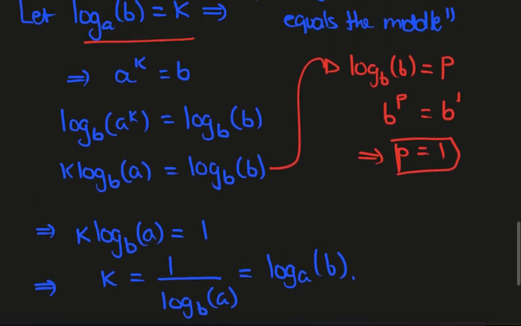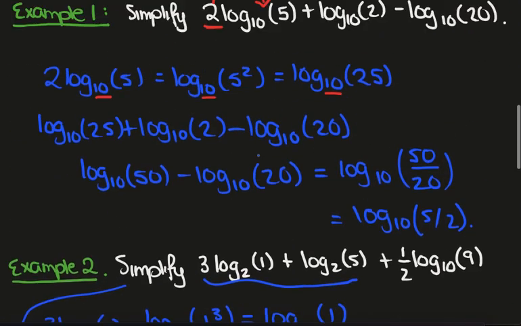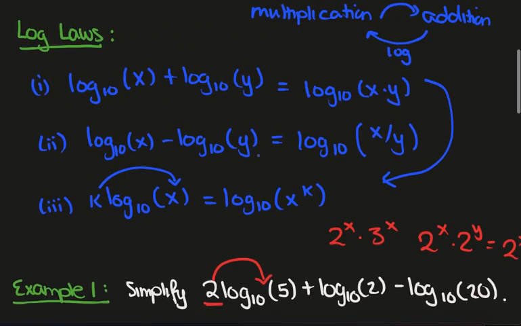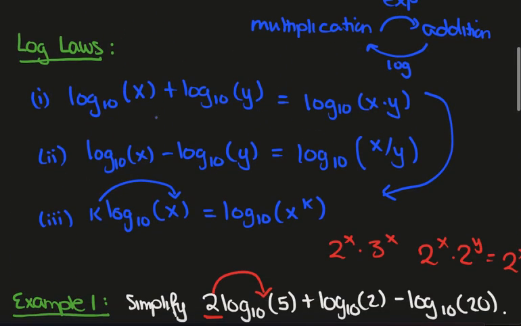Okay, so let's review what we've done in this video. We have 3 log laws that are parallel to the exponential laws that we saw. So we see that addition gets sent to multiplication, subtraction gets sent to division. If I have a multiple out the front, I can bring it up, so multiples go to powers.